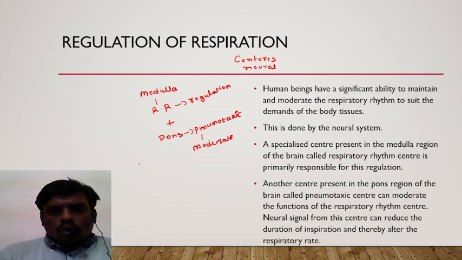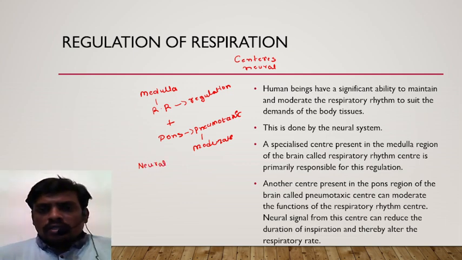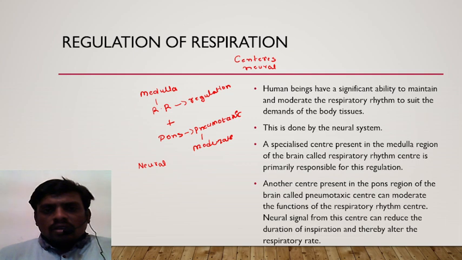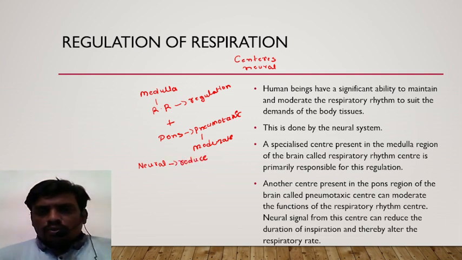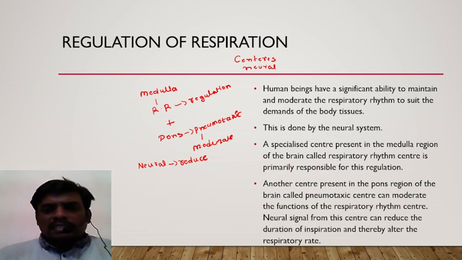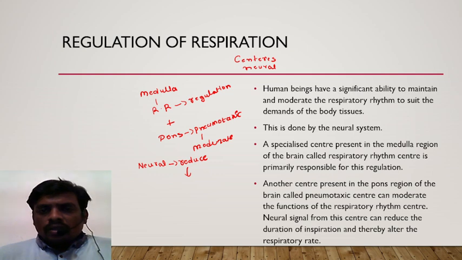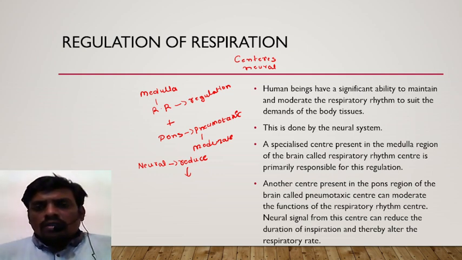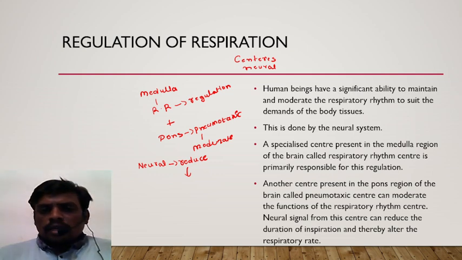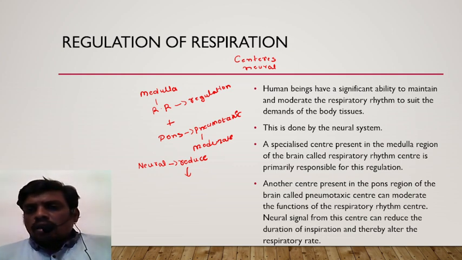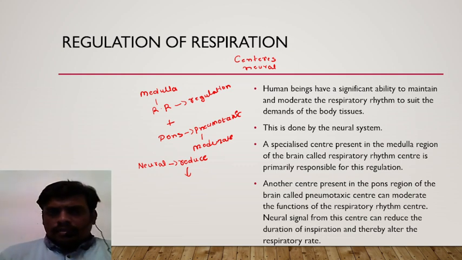Whatever neural signals come from these centers can reduce the duration of inspiration, thereby altering the respiration rate. So neural signals are responsible for regulation of respiratory movements.